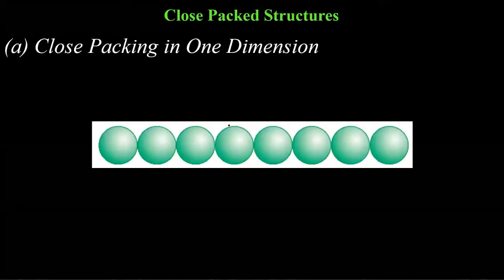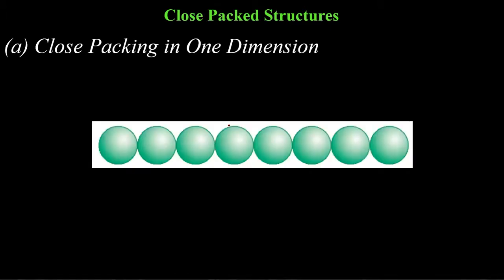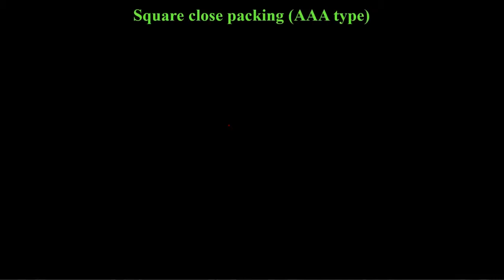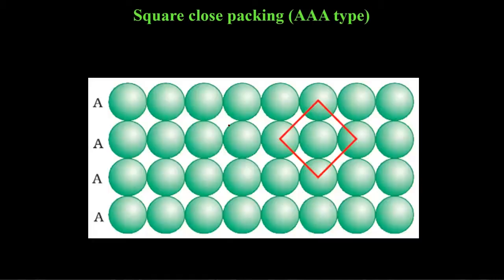The easiest one is one line, one dimensional, which obviously we are not going to talk about. This is just for explanation purposes, to show how three dimensional structures are formed. So this is one dimensional. If we extend it in one direction, there are two types. We can extend it so that we have one over the other at the exact same position.